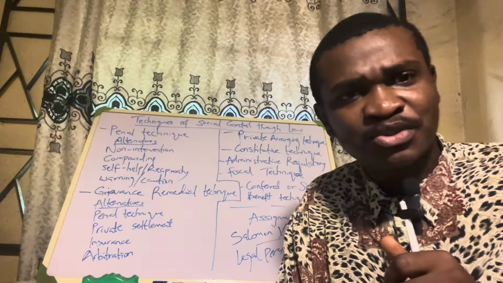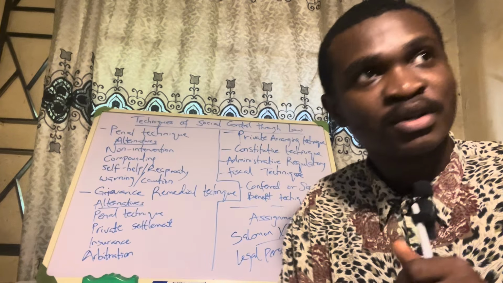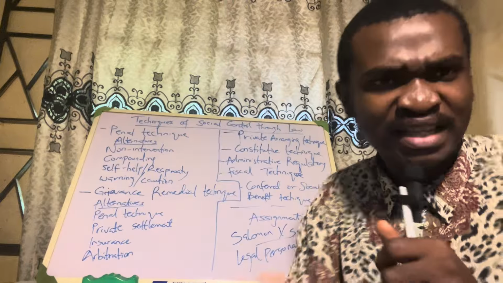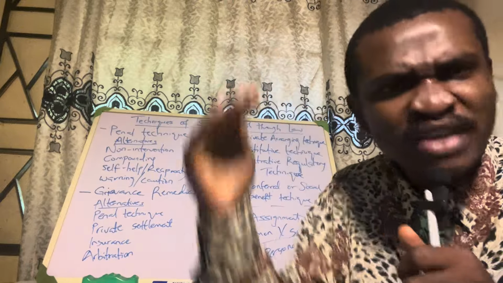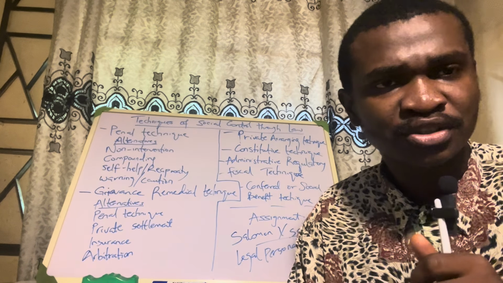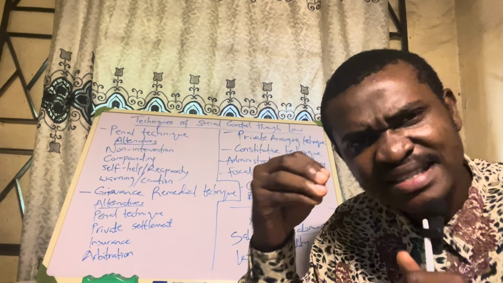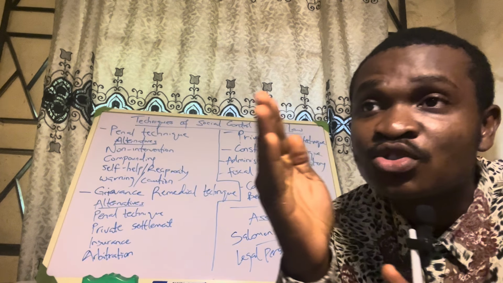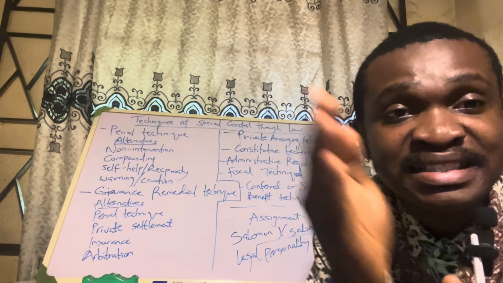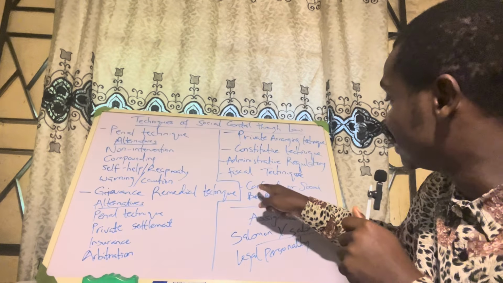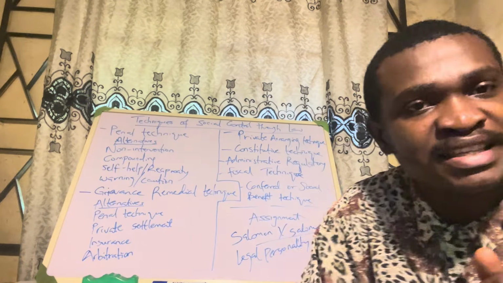So they have good schools, they have work, they have good roads, they are living well, they are living fine. Unemployment rate is very low. Employment rate is very high in these developed countries. So you now see that it would be easier to have a calm and orderly society once these social amenities are being provided for. And providing the social amenity is the conferral or social benefit technique.